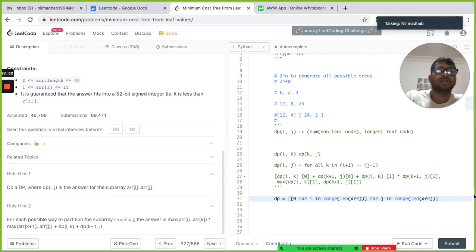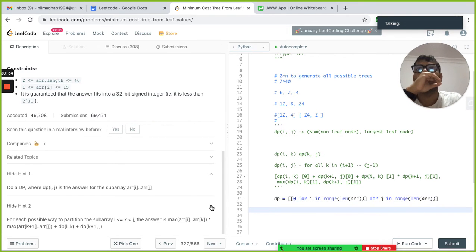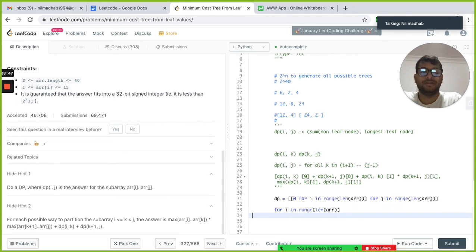I think for i, j and k we have 3 loops, right? For i in range of length of array, for j in range of i to length of array, for k in range of i to j, something like that.